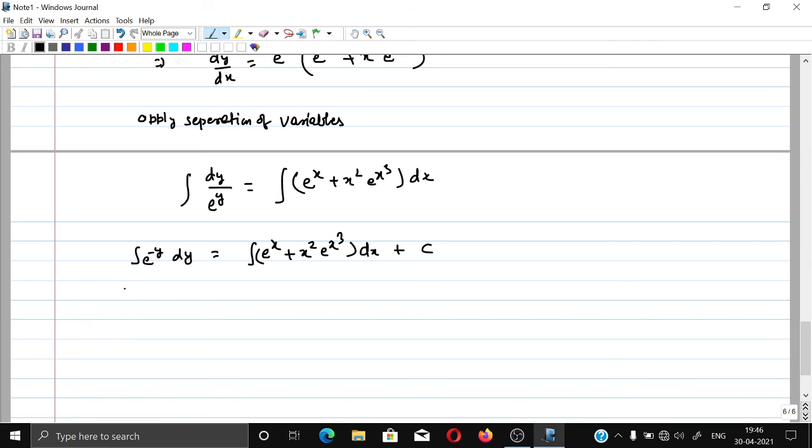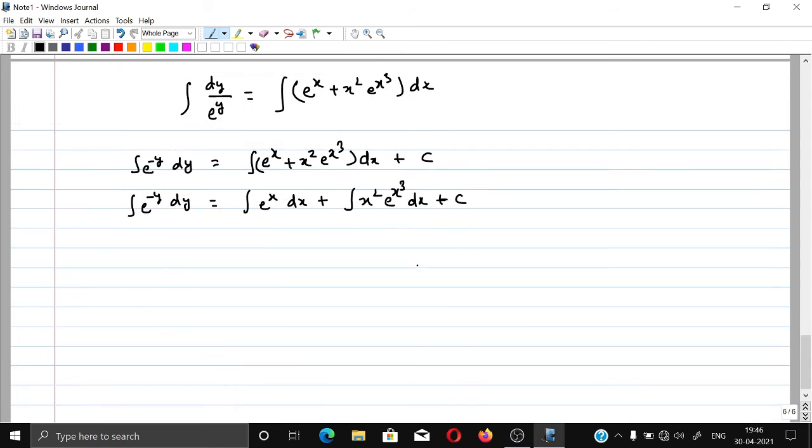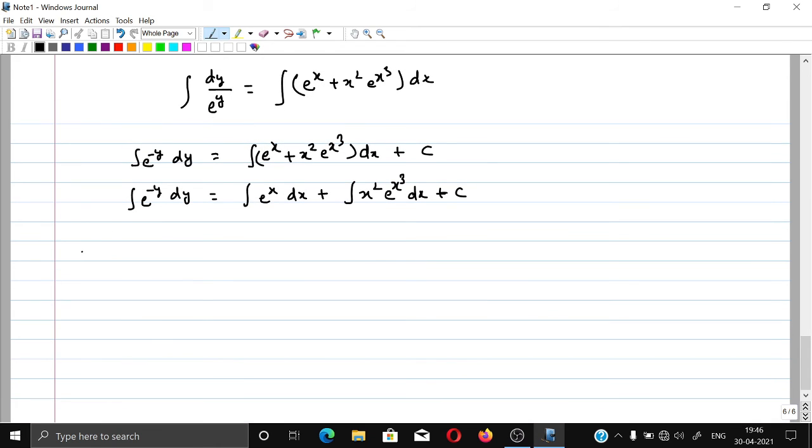You can also write e^(-y) dy = e^x dx + x^2 e^(x^3) dx + c. On the left hand side we will get minus e^(-y), and on the right side just write it down like that.